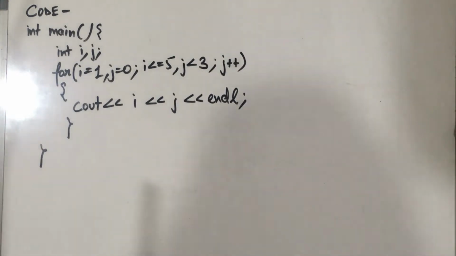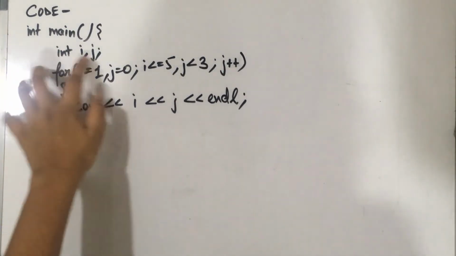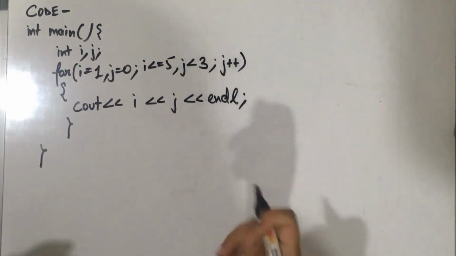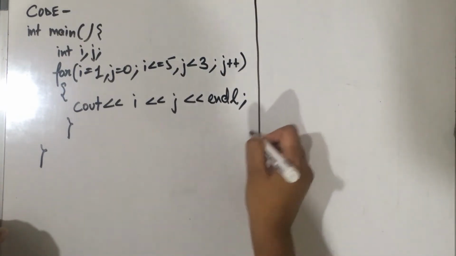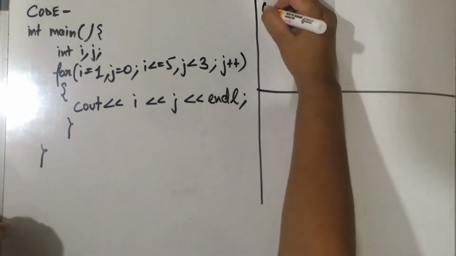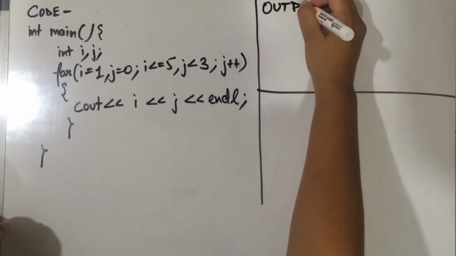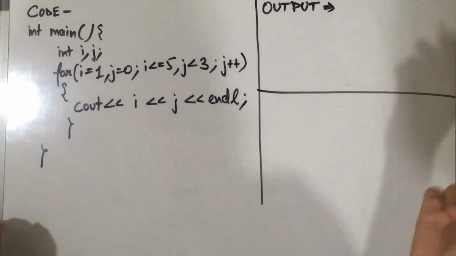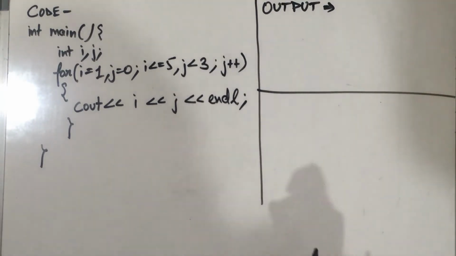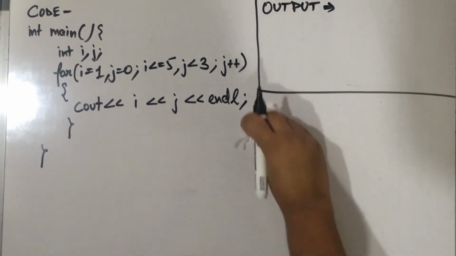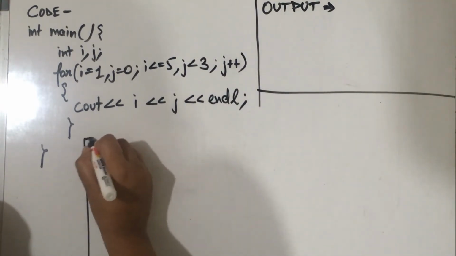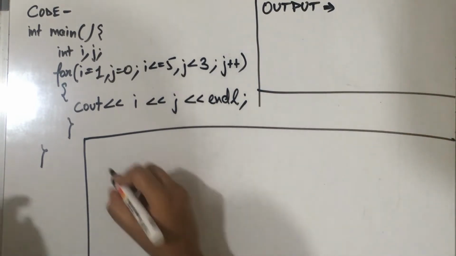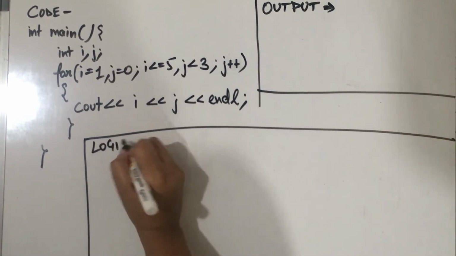First of all, start at the main function. Every time we have two integers i and j. So I'll write the output over here, whatever comes after we do this, and let's create a logic table, or just write the logic down here.